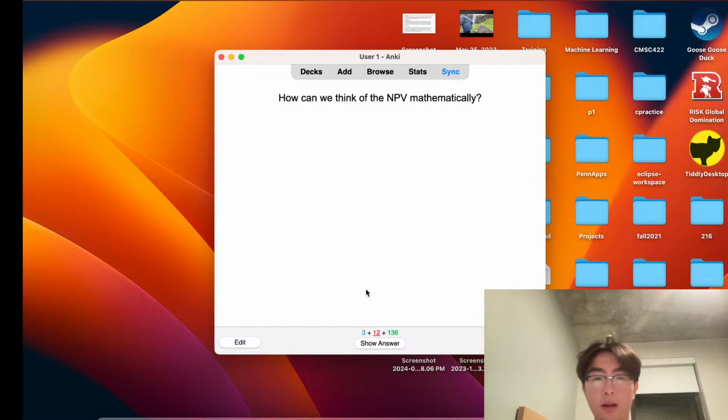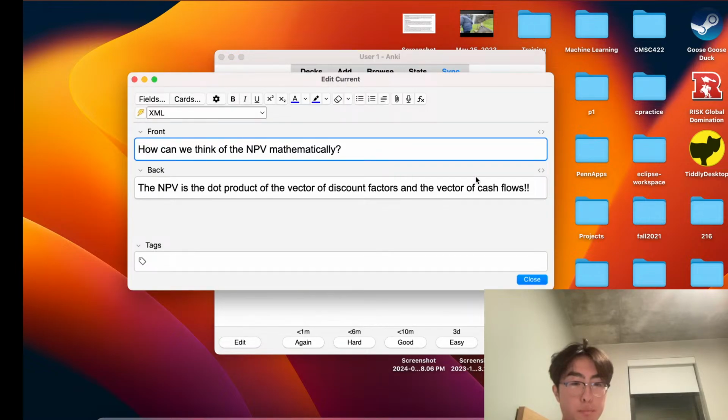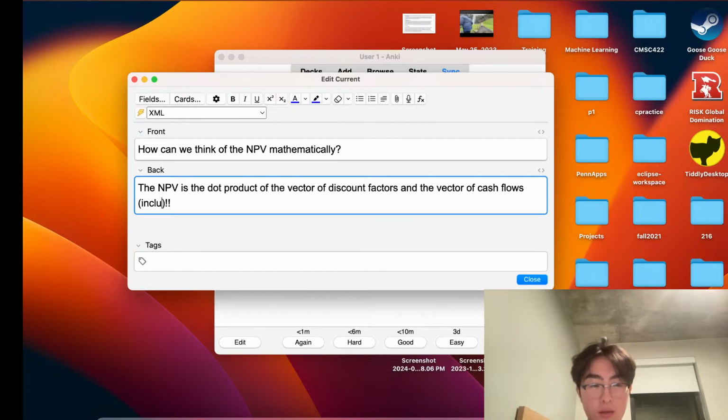It'll just be a dot product between the vector of discount factors and the vector of cash flows. So a discount factor is simply the present value of $1 to be received in however many time periods or compounding periods or years. Maybe including the initial cost.